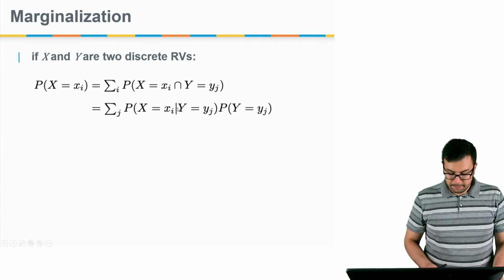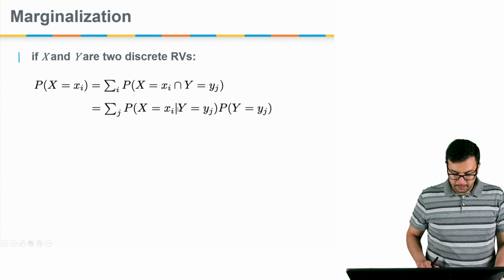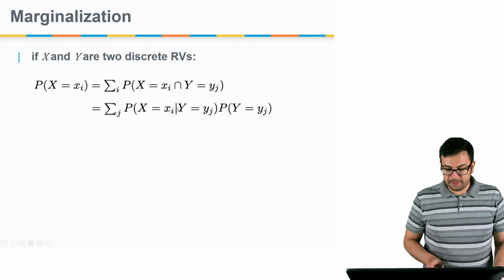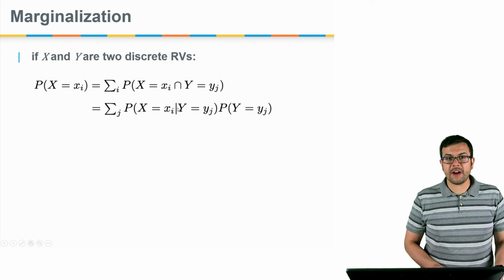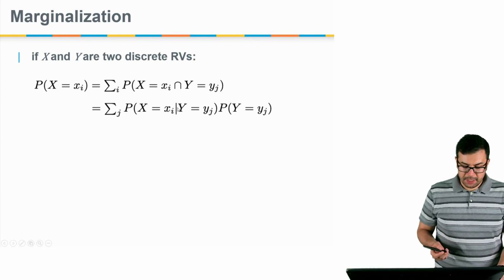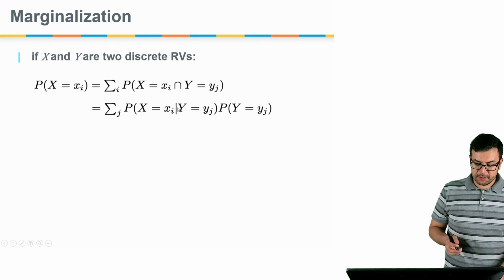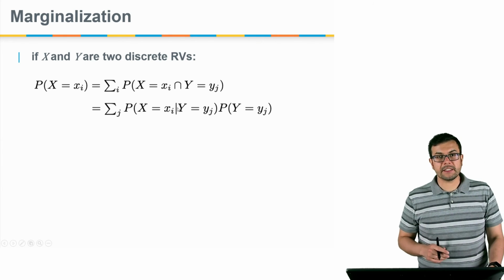marginalization. If we have two events x and y as two random variables, marginalization is the probability of a subset of a collection of random variables, which is the probability distribution of variables contained in the subset.